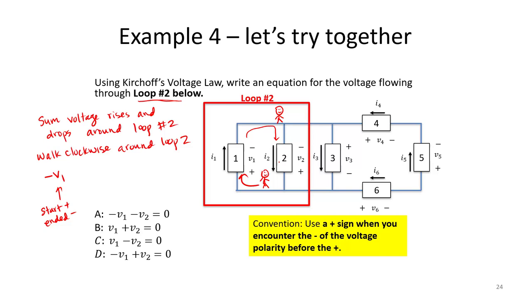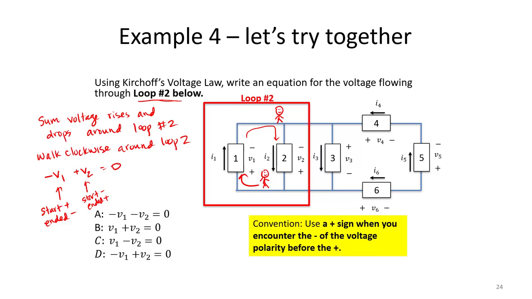Now I'm about to enter component 2. For component 2, I'm starting on the negative side of a voltage and increasing to the positive end. So I'm gaining V2 volts. I started on the negative end and then ended positive. So by convention, I treat that as a gain.